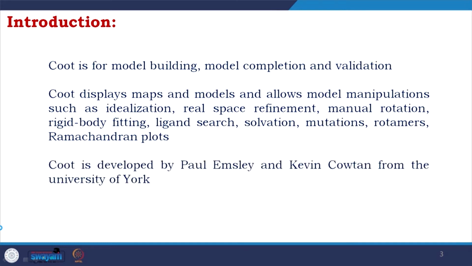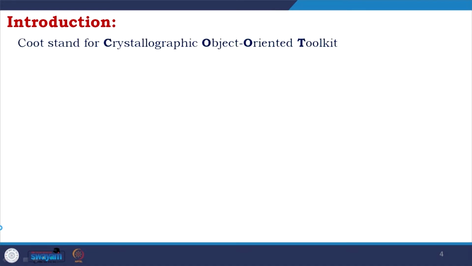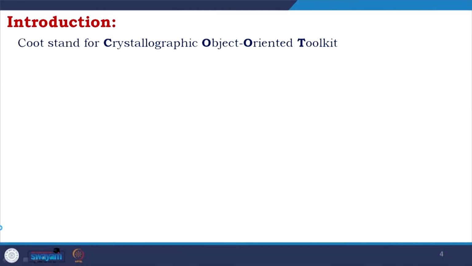COOT is developed by Paul Emsley and Kevin Cowtan from the University of York. COOT is the name of a small bird which I have shown in the introductory slide, but why the name COOT? Because COOT stands for Crystallographic Object-Oriented Toolkit.